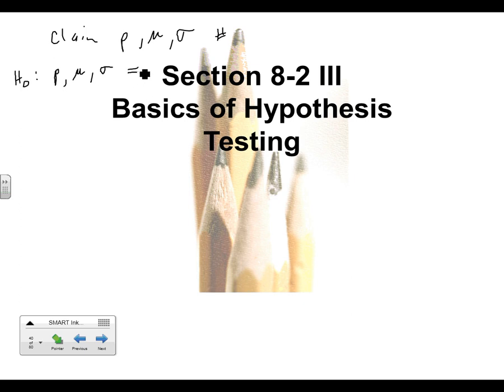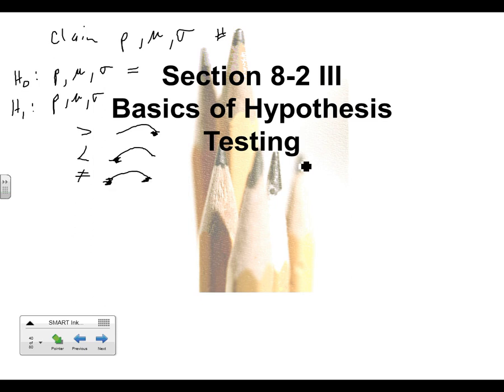And then equals. What about the alternative hypothesis? Same three letters. Greater than, less than, or not equal to. And we have our letter right there. So that means it's going to be either a right-tailed test, a left-tailed test, or a two-tailed test.